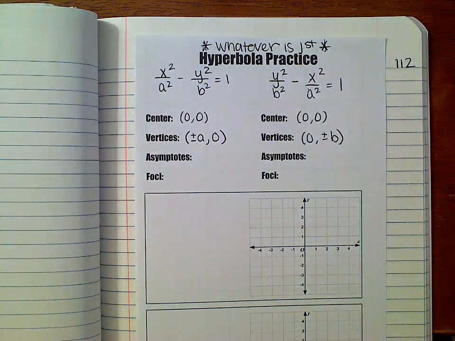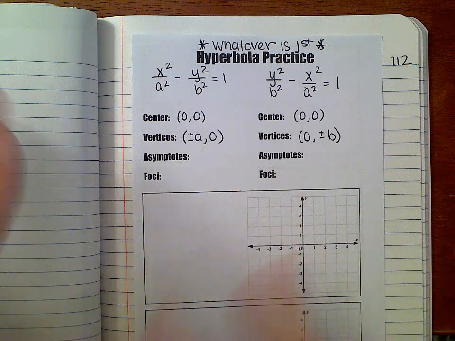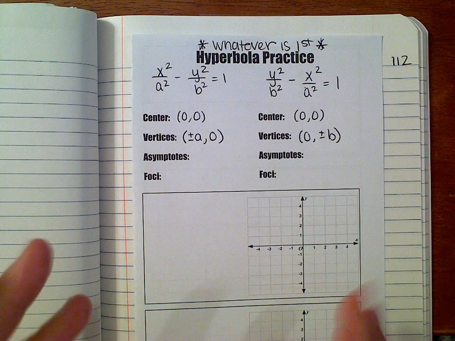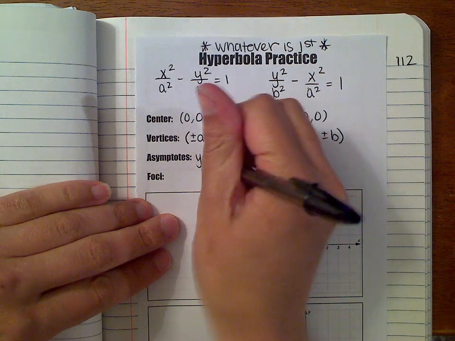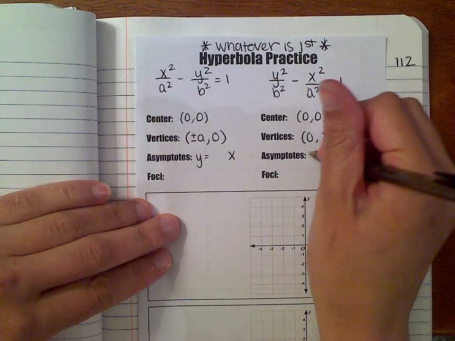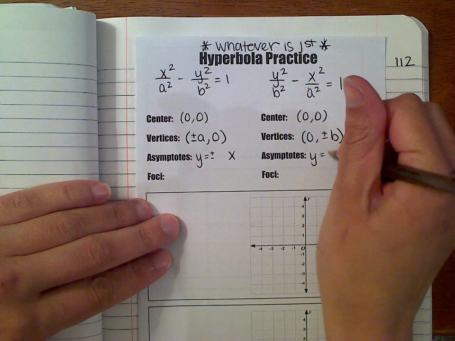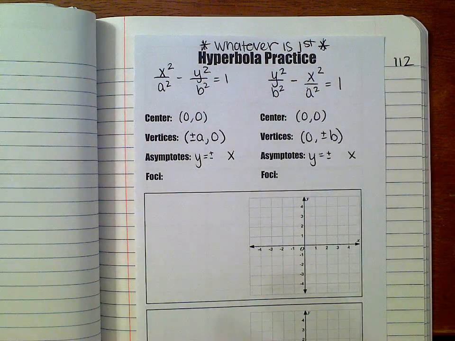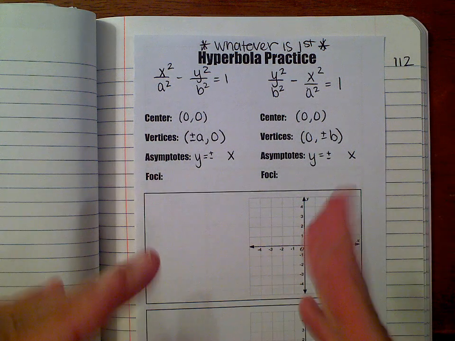Now if we had the h and k, it'd be similar. We'd have to add it to h and k rather than 0, so that's why the 0 makes it a little bit easier. Your asymptotes are always a linear equation, and I hope it's okay that I put plus or minus, because they're always the same equation. It's just one is positive and one is negative, so they have one positive slope, one negative slope.